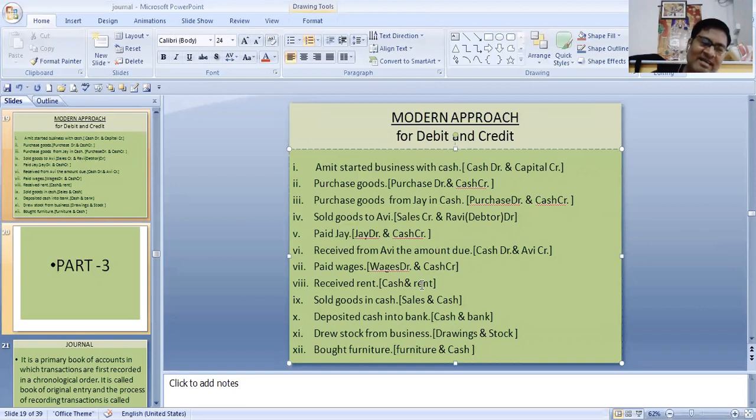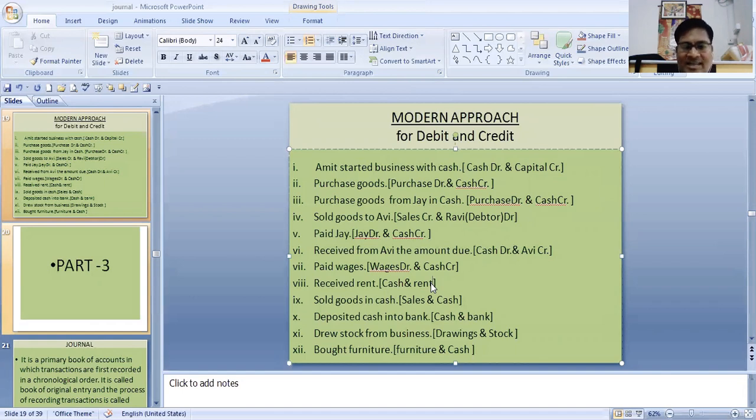Received rent: cash has increased in the business, that's why debit. And rent we have received, that's why credit. Rent is a revenue. Revenue is credited.